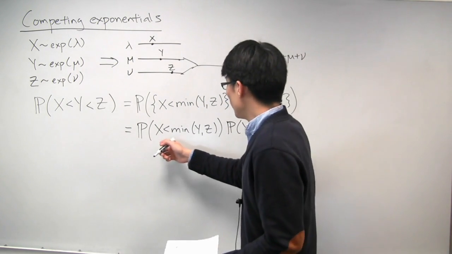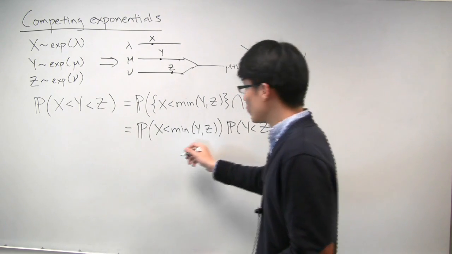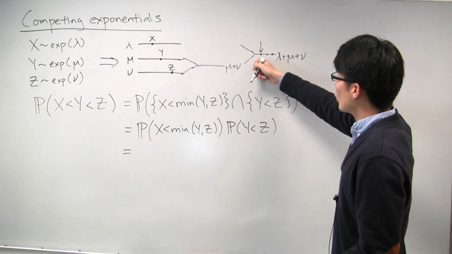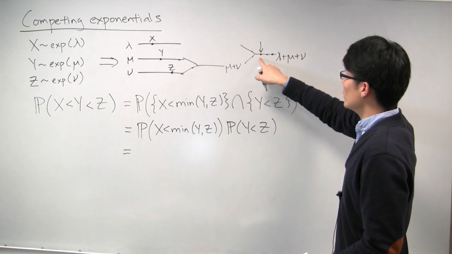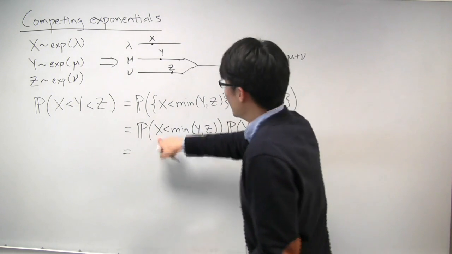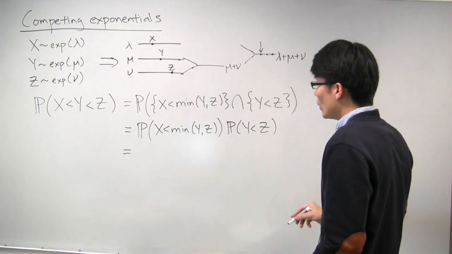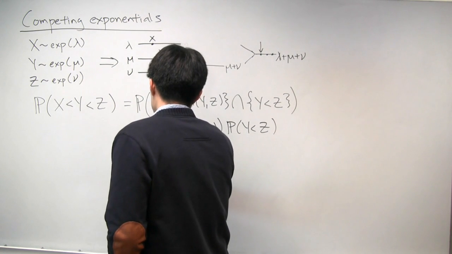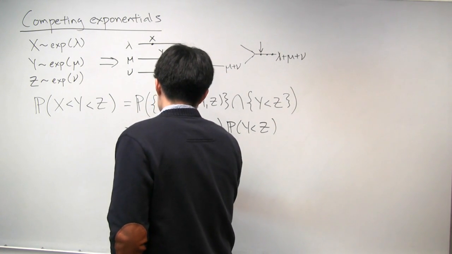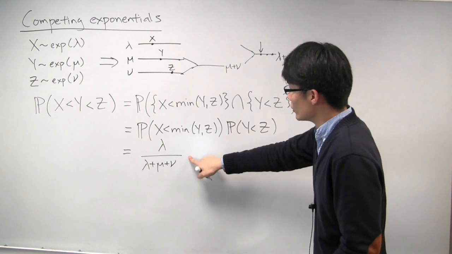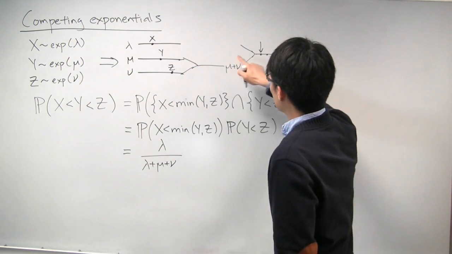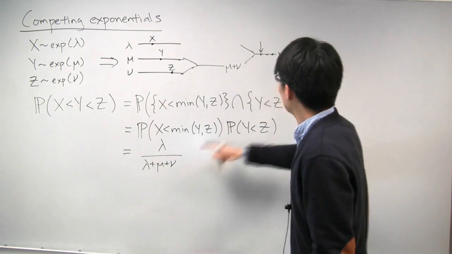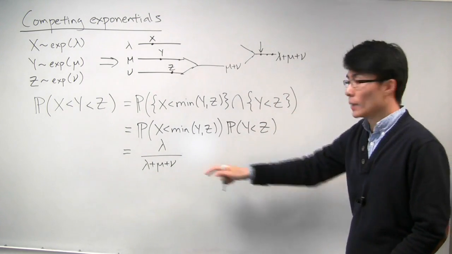Now, what is the probability of the first event, that X is less than the minimum of Y and Z? We said that corresponds to the first arrival in the merged process being from the X process. That probability is lambda over lambda plus mu plus nu. It's a ratio where the rate of the process you're interested in is in the numerator, and the merged rate is in the denominator.